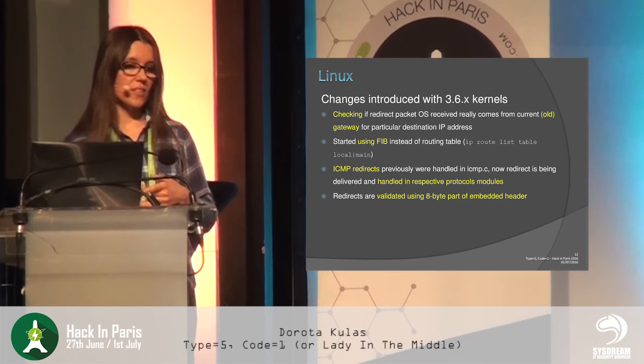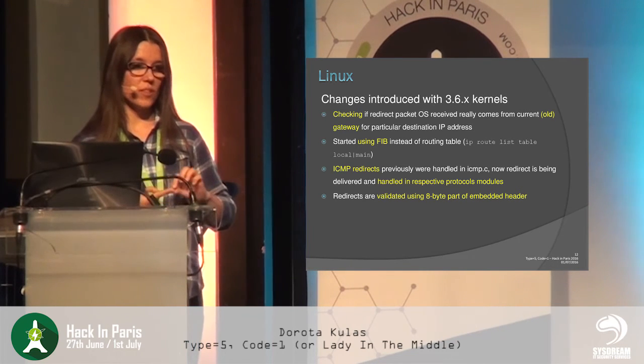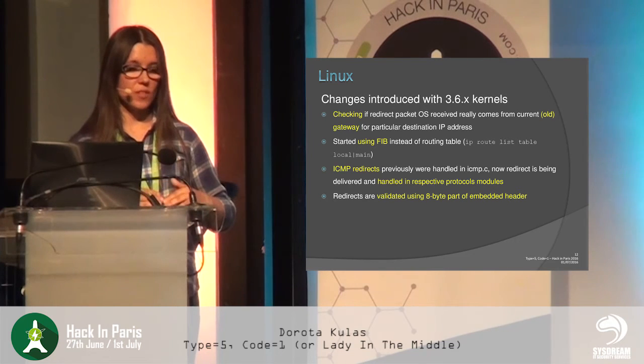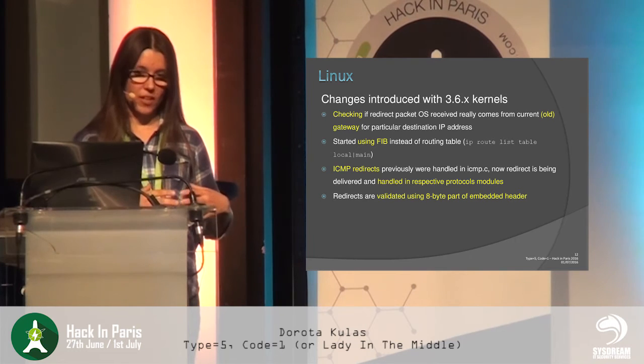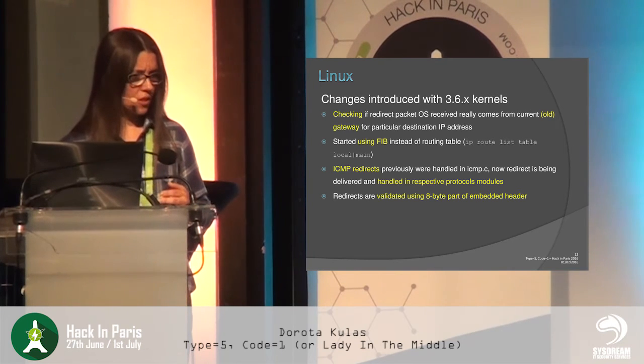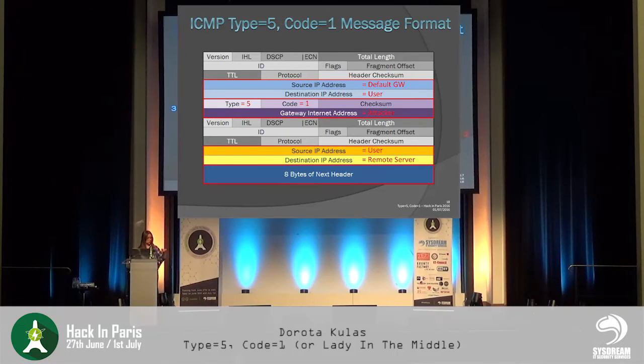And then the next step would be that the ICMP redirect should come from the default gateway, so the IP source address of the redirect packet, this first blue header, should be the default gateway.